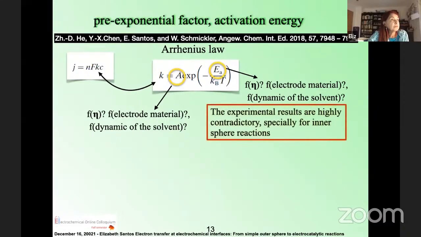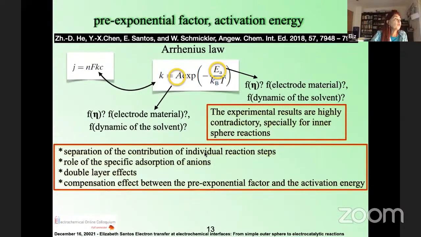Unfortunately, the experimental results are highly contradictory, especially in the case of inner sphere reactions, because it is not easy to obtain both of them from experimental data. We must be careful with this, and the experimentalists should try to find better methods to obtain these two parameters.